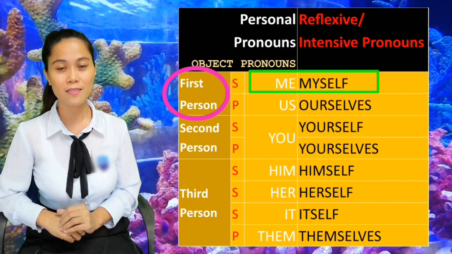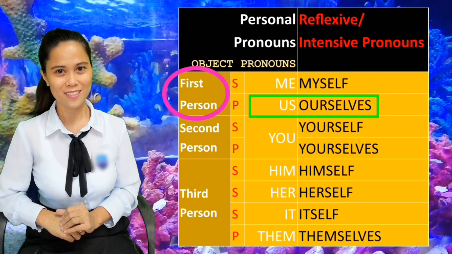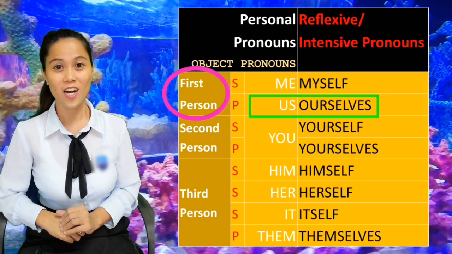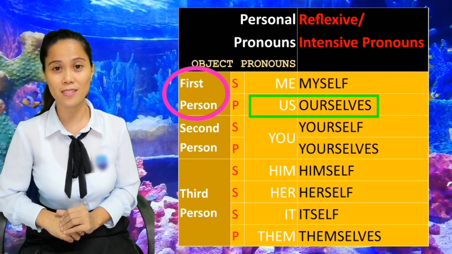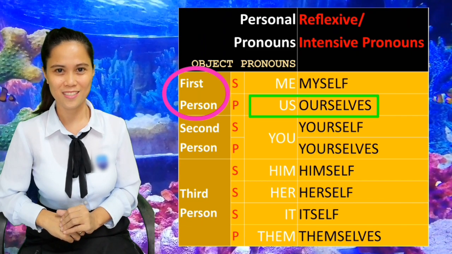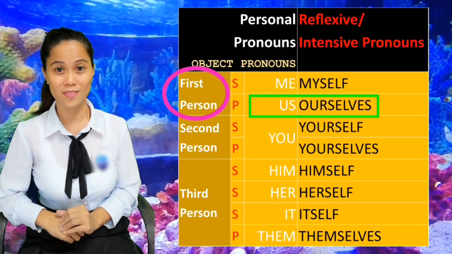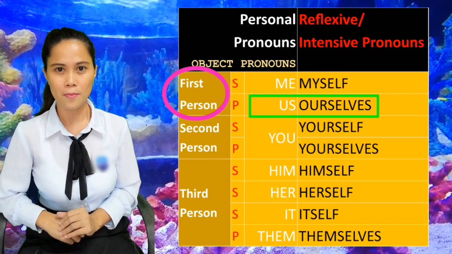So that's me, myself. If we pluralize that, it would be us. If that is an intensive or reflexive, it becomes ourselves. You cannot say ourself, because our is plural and self is singular, they battle.